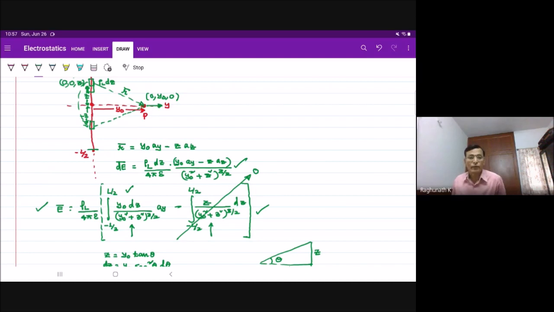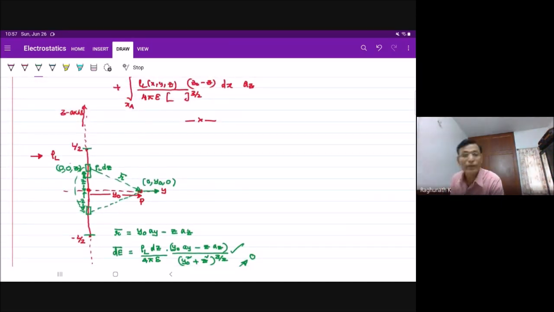Look at this expression. I will consider a case where there is a line charge of length L. This is y-axis, y naught.